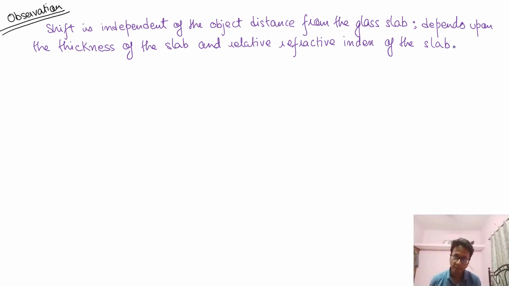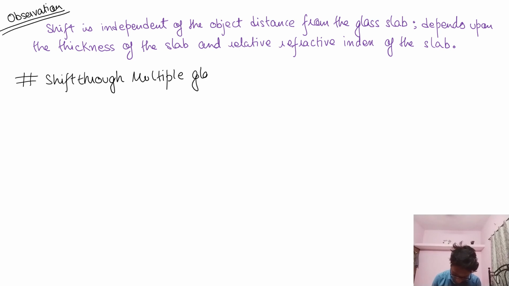Now what you're going to study is shift through multiple glass slabs. That means our next topic is shift through multiple glass slabs. What we are going to study out here is, suppose there is one glass slab, somewhat like this, of thickness T1 and refractive index mu1.